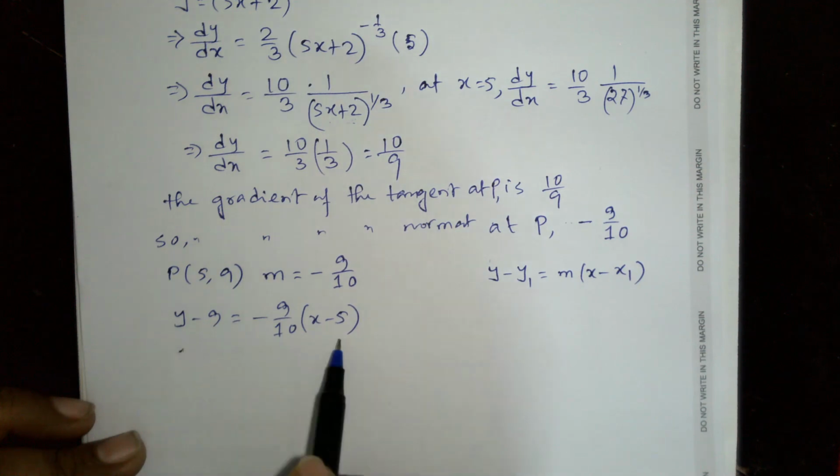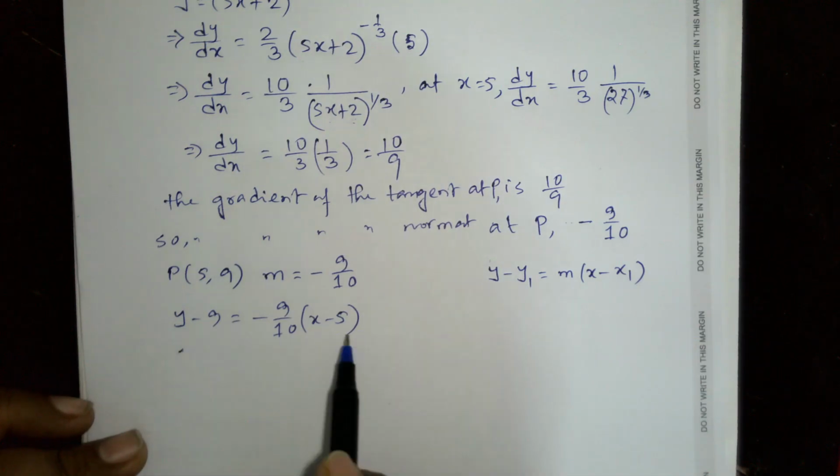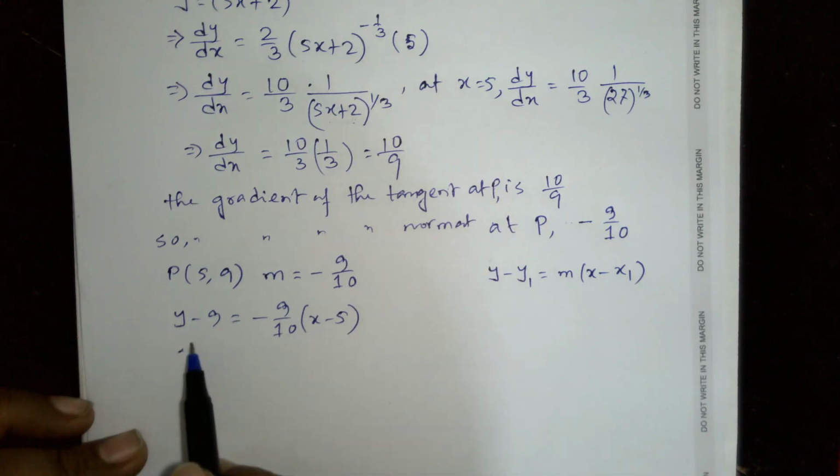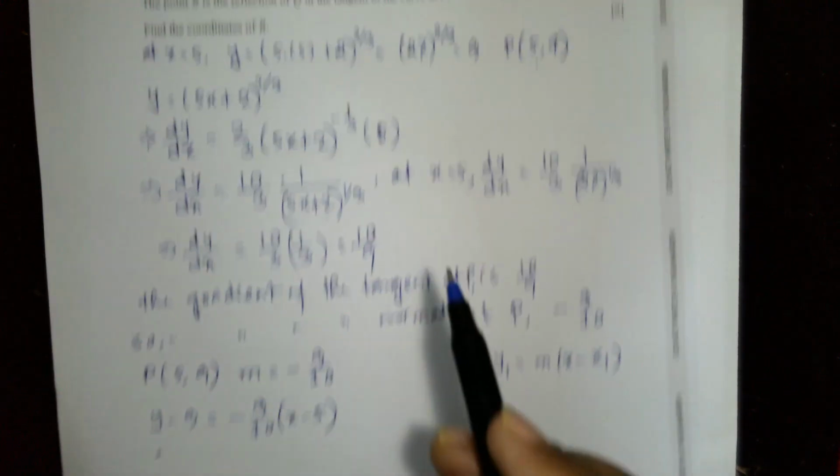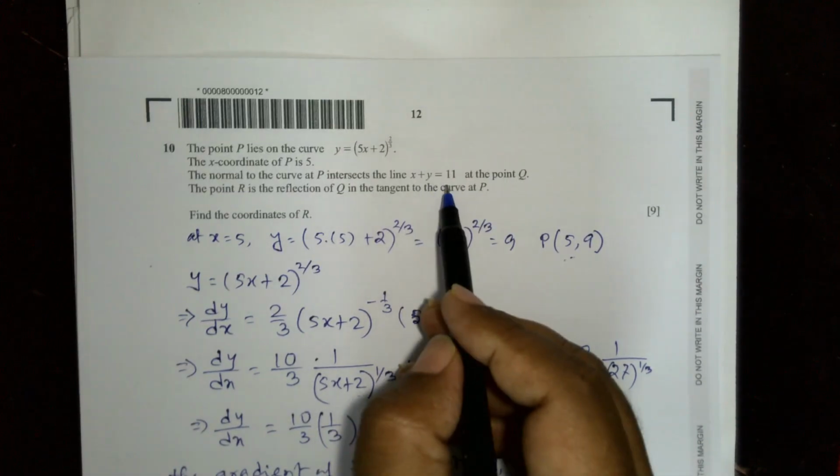We don't need to simplify this equation at all, because they didn't ask us to find the equation of the normal in its simplest form. What they told us is that this equation of the normal will intersect this line at Q.